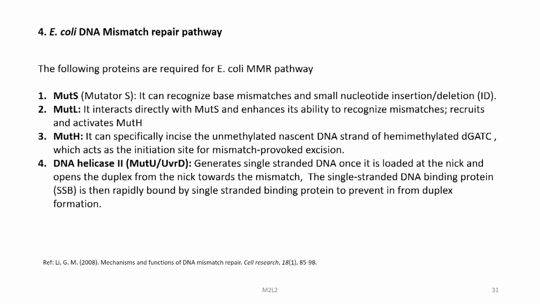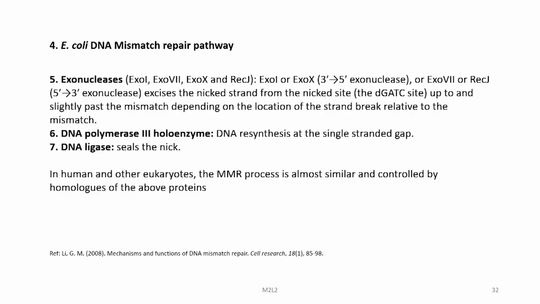The DNA helicase 2 generates single-stranded DNA once it is loaded at the nick and opens the duplex from the nick towards the mismatch. The single-stranded DNA is then rapidly bound by single-stranded binding proteins to prevent duplex formation.